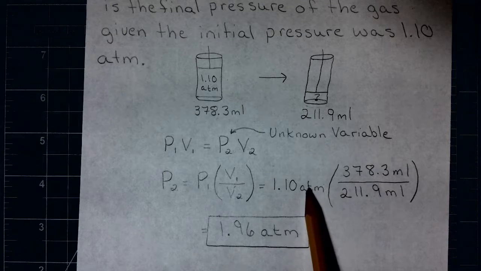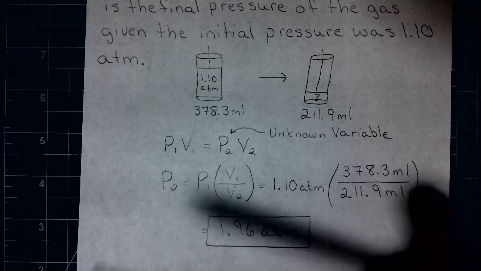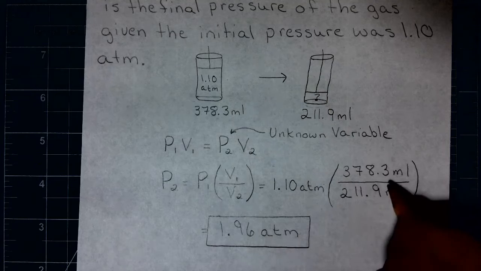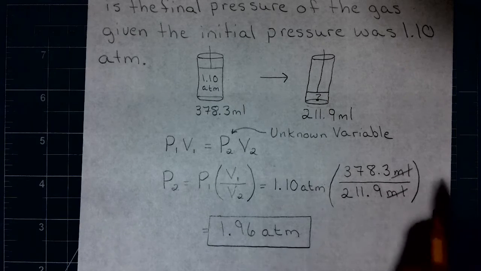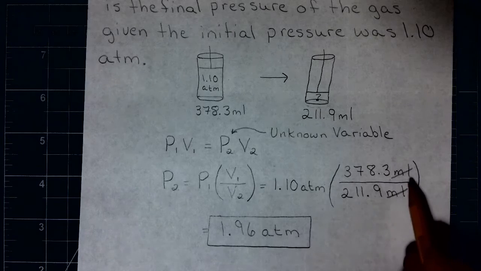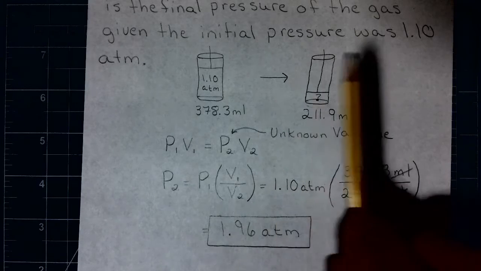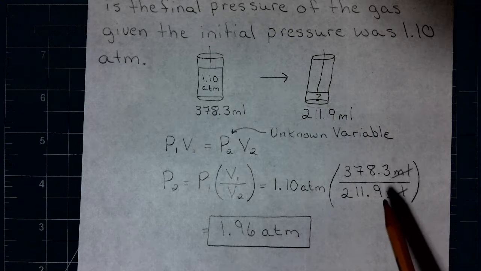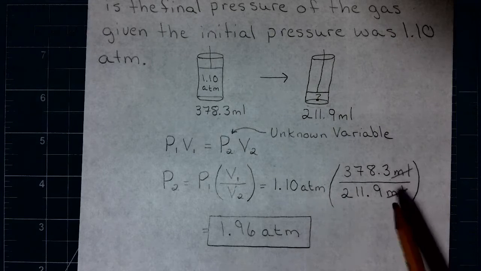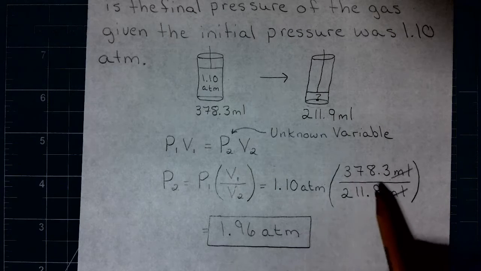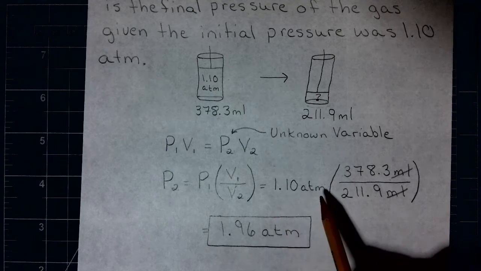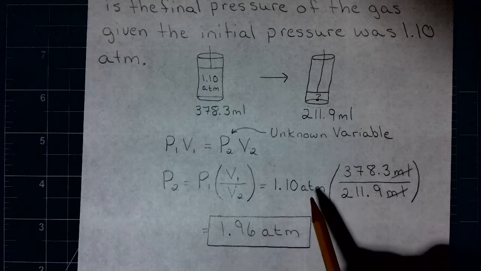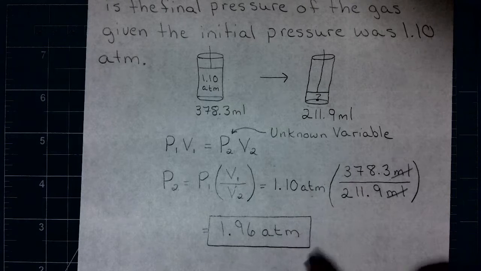I've chosen to write it this way because we can clearly see that these units are going to cancel, and that's why we didn't have to do any conversions here. We need to match up these two units in order to get a dimensionless quantity, and we're going to get atmospheres out of this, which is the pressure unit that we want.